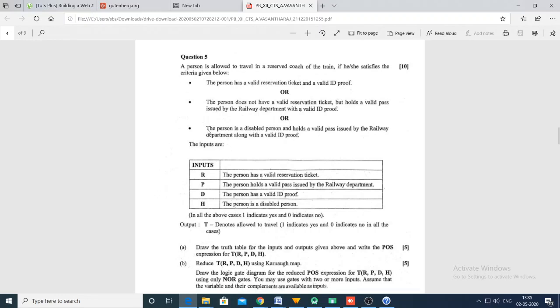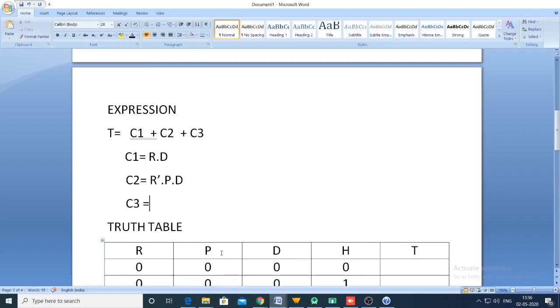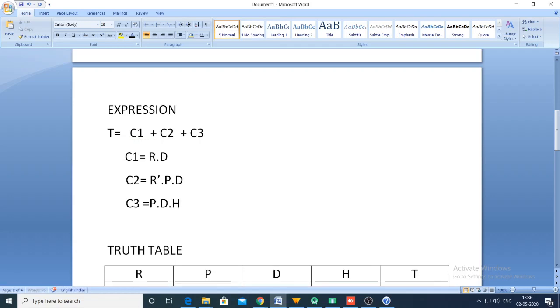The person is a disabled person is one logical statement, referred by the variable name H. The person is a disabled person H, and holds the valid pass, that is P, with a valid ID proof, D. So it means PDH. The third condition is P dot D dot H.